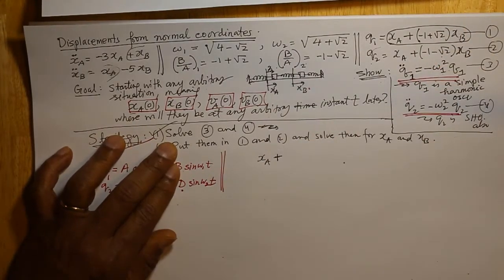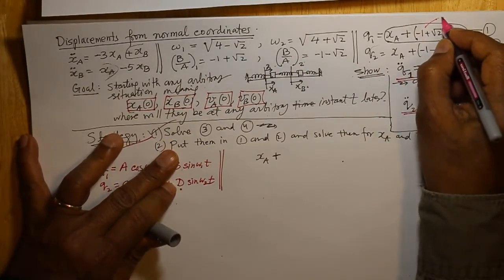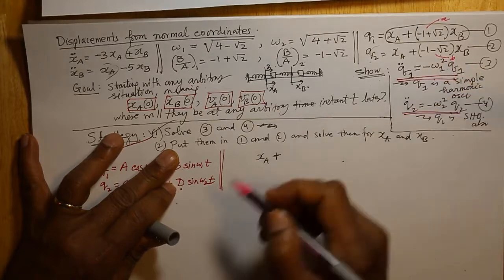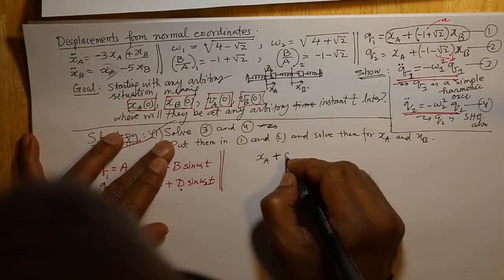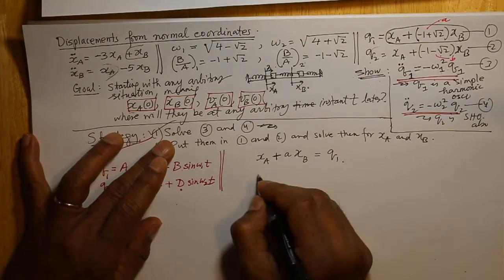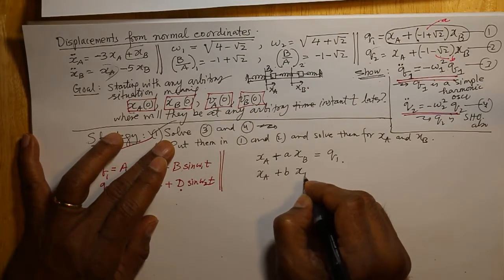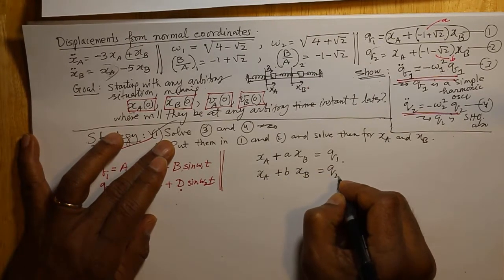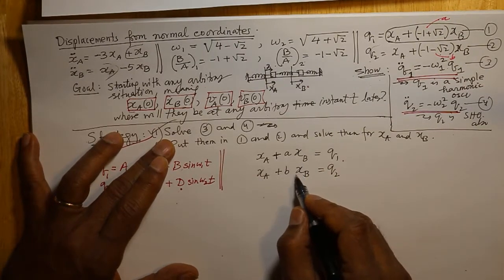Rather than carry all of this over, let's call these little a and little b. So I can write: a XA plus a XB equals Q1, and b XA plus little b XB is Q2. So to get XA, I need to get rid of XB.